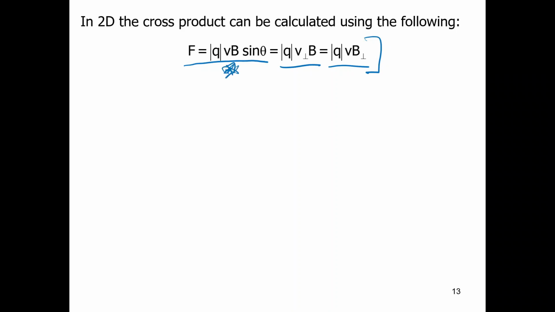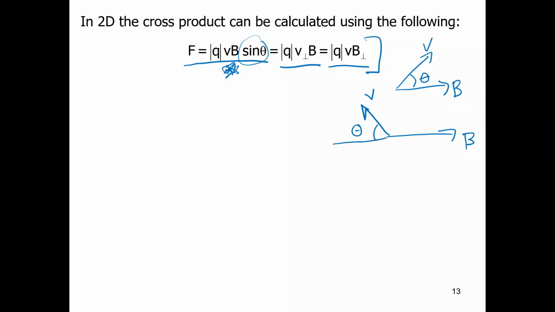The only way that works is if you're given a velocity and the magnetic field, and this is theta. If the angle they give you between them is theta, you can use sine, but sometimes they might give you different angles, like this theta or this theta. That's not going to give you the exact right answer. The theta that works is the one that goes directly between those.